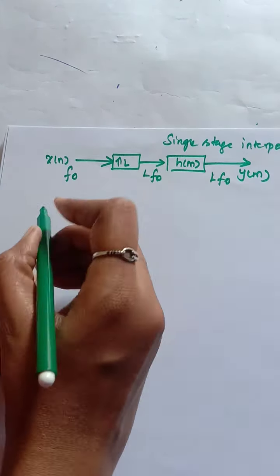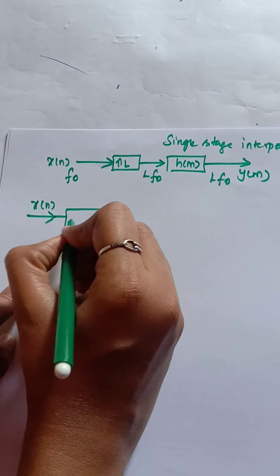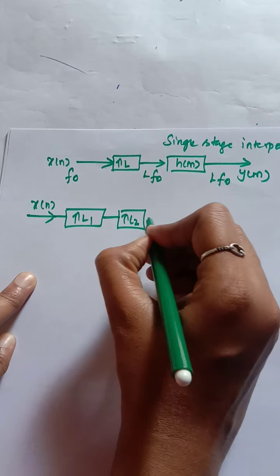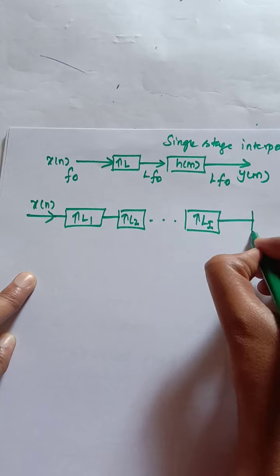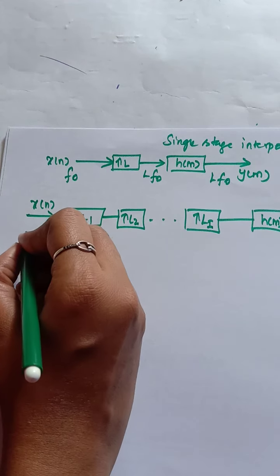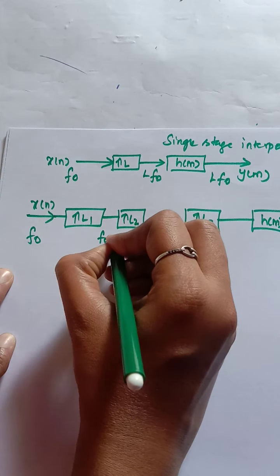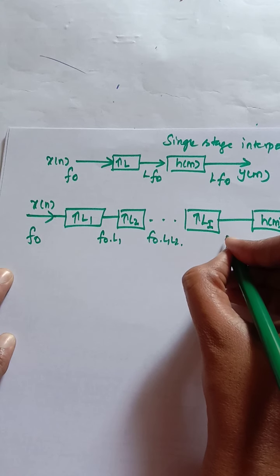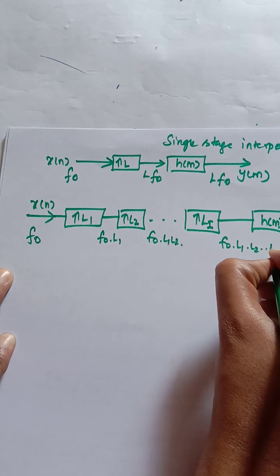Similarly, I am going to have a multi-stage interpolator with input x of n. You will have L1, L2, up to Li, and after that a filter h of m. The frequency is f naught, then f naught into L1, then f naught into L1 into L2, up to f naught into L1 into L2 up to Li.